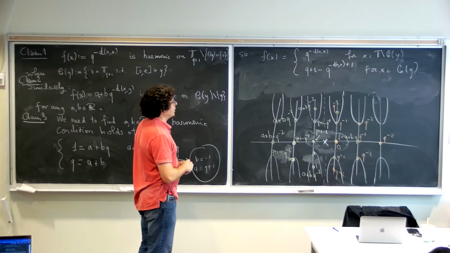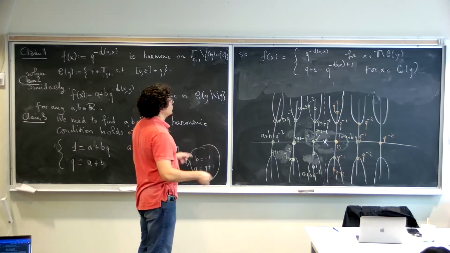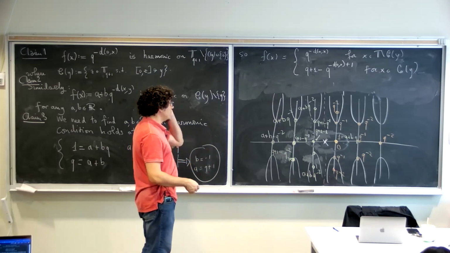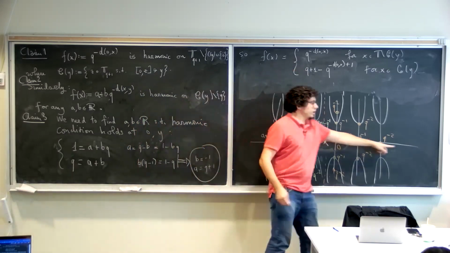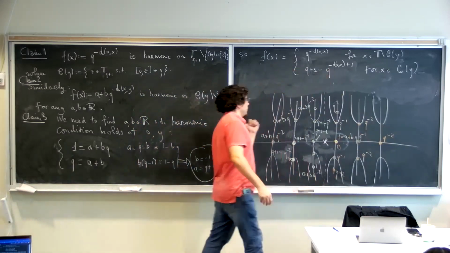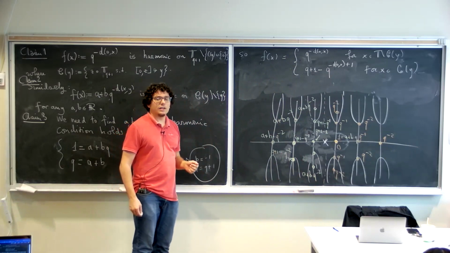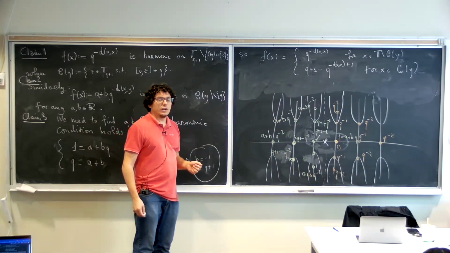Well, but you need to play with the constants as well, right? I mean, this function cannot go to 0 on both sides. This function goes to 0 on this side, goes to q plus 1 on this side. So it must be like adding some constant.